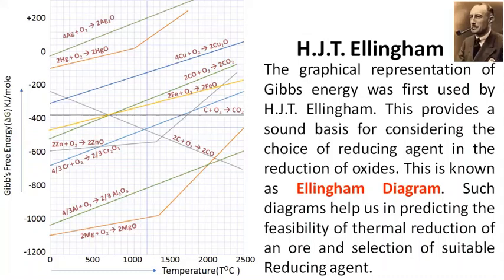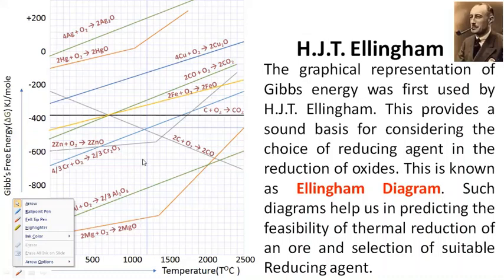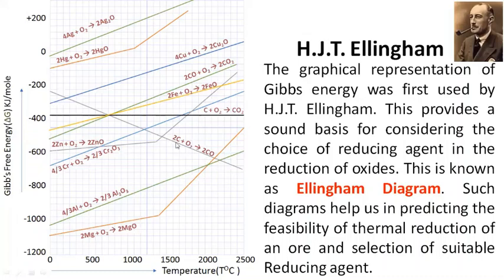You can see here, except the line of carbon monoxide formed from carbon, all the other lines are showing upward direction. And this line, that is carbon dioxide formed from carbon, is a straight line which is parallel to the temperature axis.